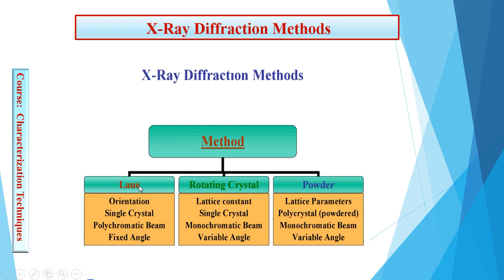With the help of the Laue method, we can determine the orientation of the single crystal, using a polychromatic beam with a fixed angle. In the rotating crystal method, we can measure the lattice constants A, B and C of the single crystal by using a monochromatic beam wavelength with variable angles.